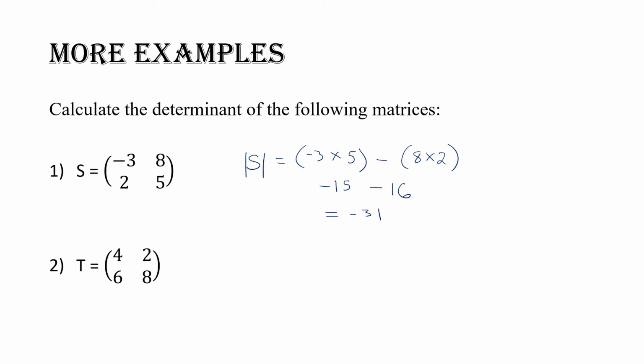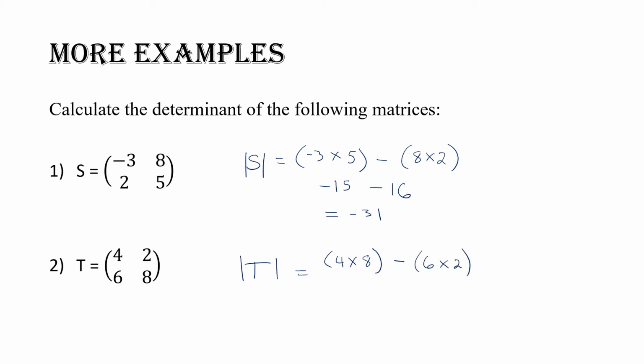Let's find the determinant for matrix T. That will be T in a modulus sign, and it will be equal to 4 times 8 subtracted from 6 times 2.